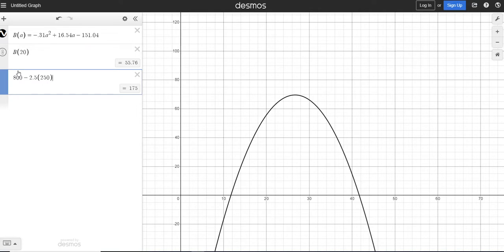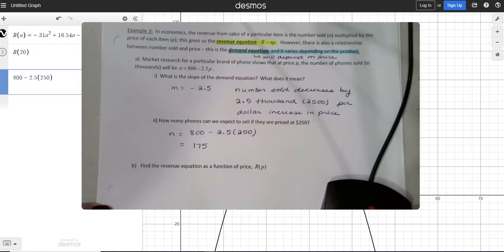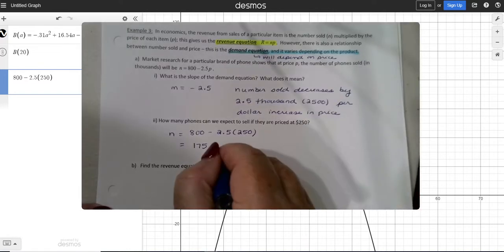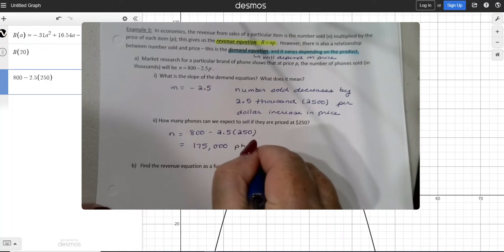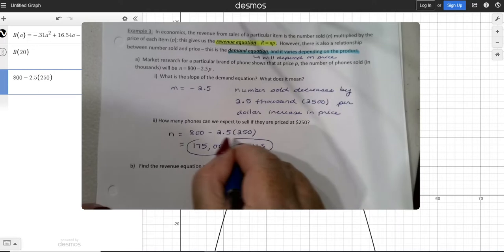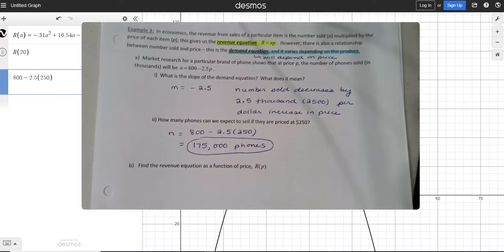That's 175. And remember, the n is in thousands. So I could write that as 175,000 phones would be the expected sales if we put a $250 price tag on them.